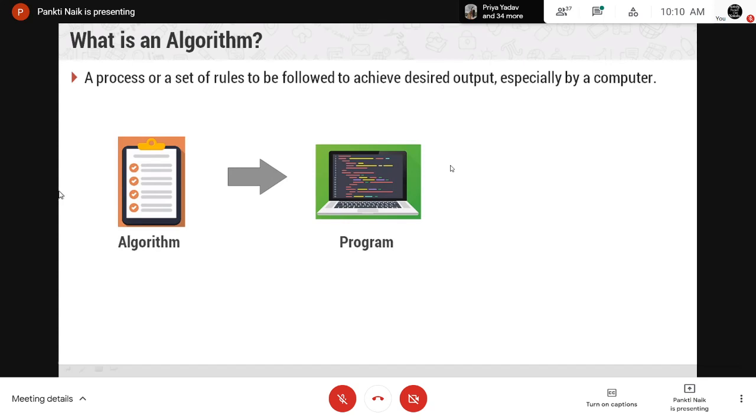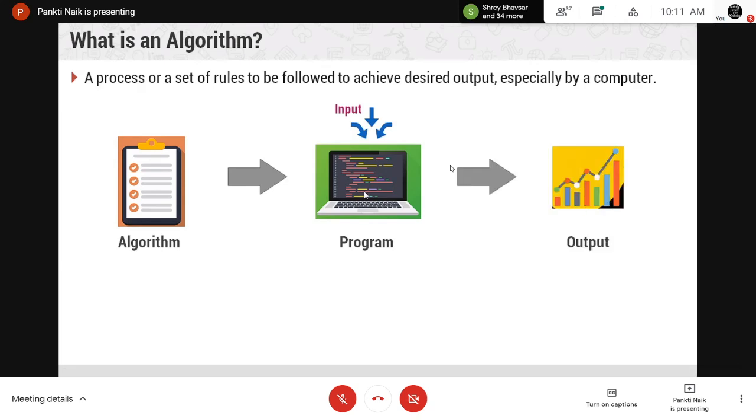So an algorithm is an input for a program. This algorithm will be converted by the computer into a set of rules, and this set of rules is known as a program. And this will give you the desired output.